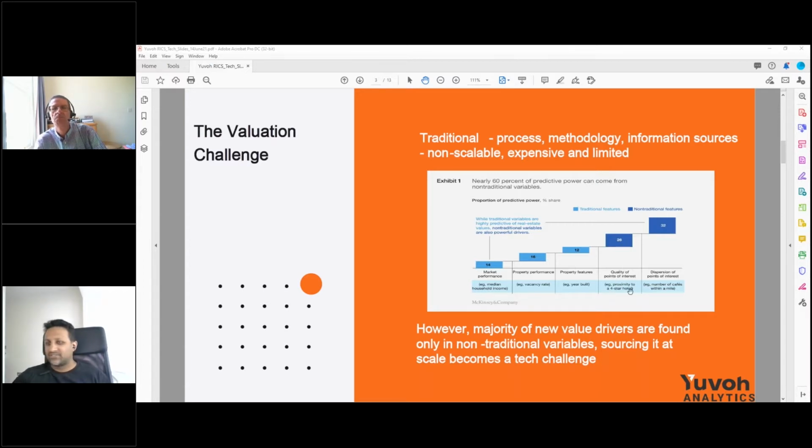So they looked at proximity to 4-star hotels, and the number of coffee shops within an area. This is obviously quite important. And if you're a physical RICS valuer, you know your area, you know your patch. But if you're doing it en masse, of course, it becomes quite tricky, as I'm sure you appreciate.